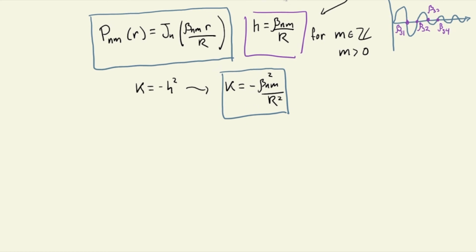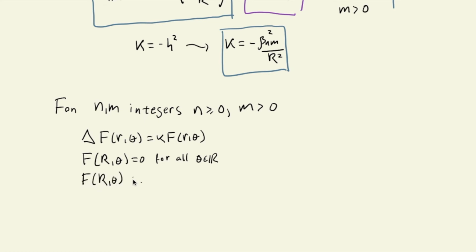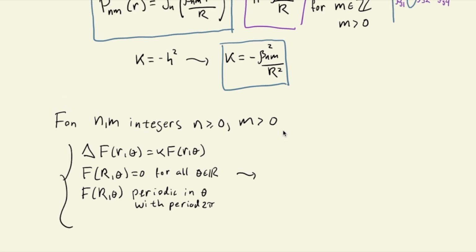Alright, so what we found is that for n, m integers, n greater or equal to 0 and m positive, if you want to solve Laplacian f of r, theta equal to k f of r, theta, with f of r, theta equal to 0 at the boundary for all theta, and f of r, theta periodic in theta with period 2 pi, the solutions look like the p times the q.